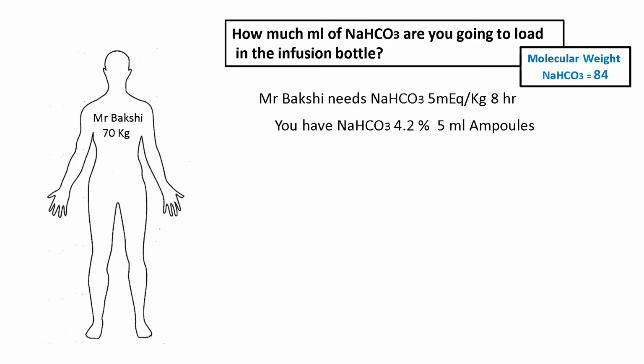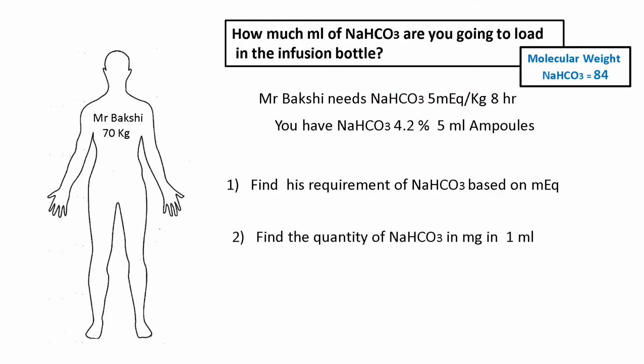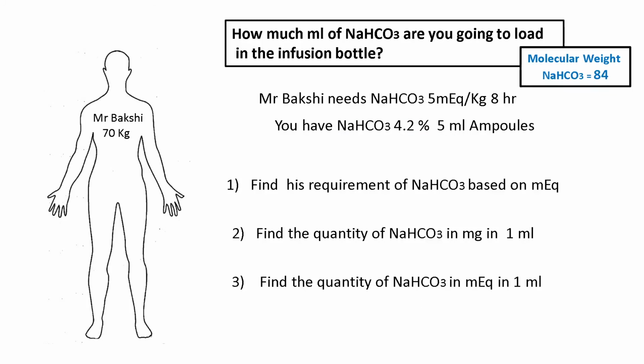In order to approach this question, find his requirement of sodium bicarbonate based on milliequivalent. Find the quantity of sodium bicarbonate in milligram in 1 ml. Then find the quantity of sodium bicarbonate in milliequivalent in 1 ml.